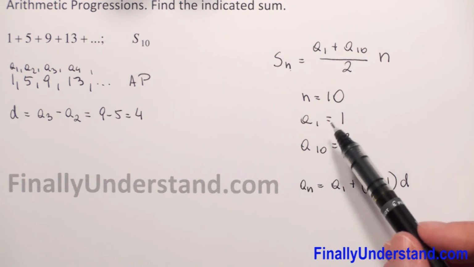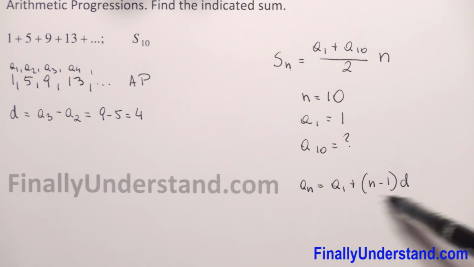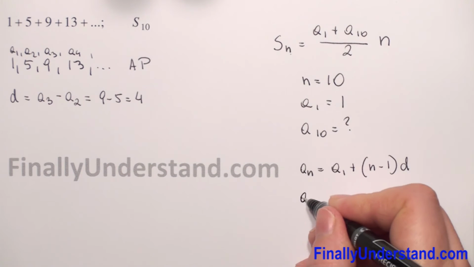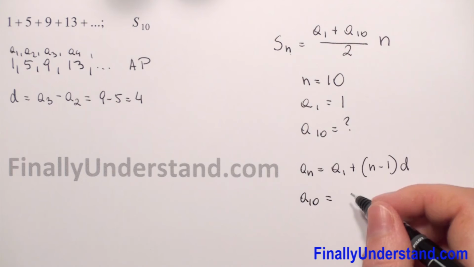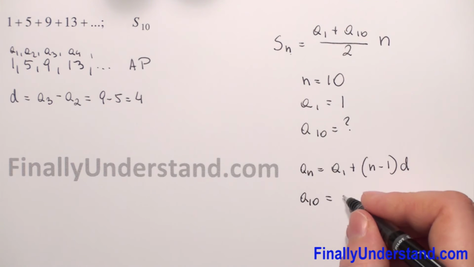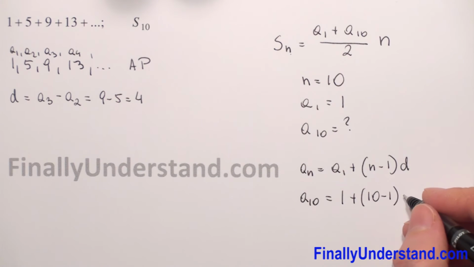We have d, we have a1, we have n equal to 10. So we can find the 10th term of our arithmetic progression. This is a1, which is 1, plus (n is 10 minus 1) times d, which we found is 4.